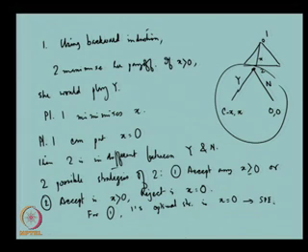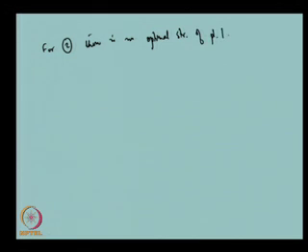Player 1 offers x equal to 0 and player 2 accepts given this strategy. But for the second, that is, if player 2 is saying I am going to accept only if x is positive, there is no optimal strategy of player 1.